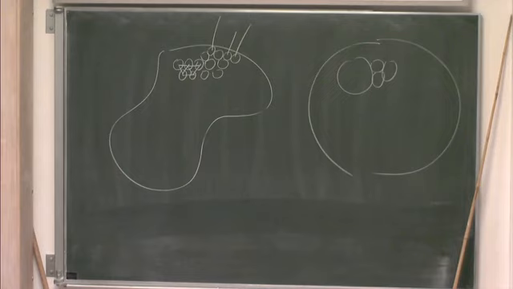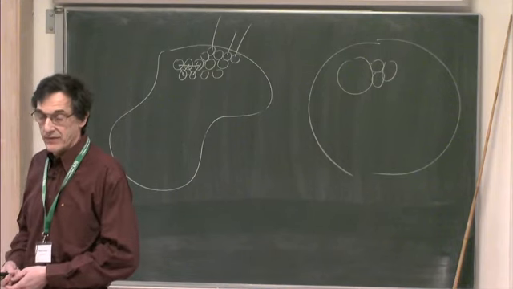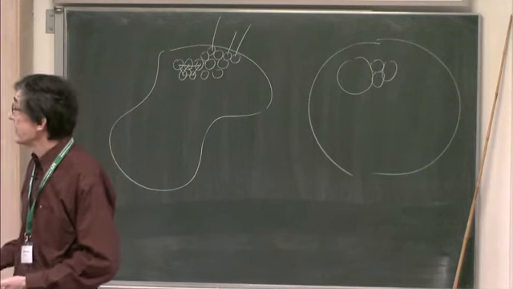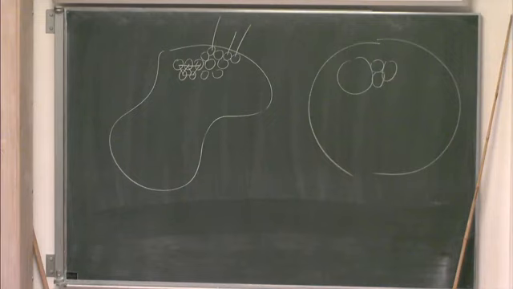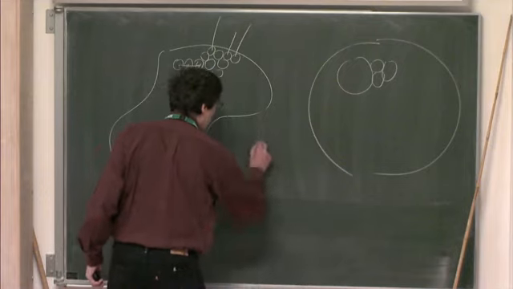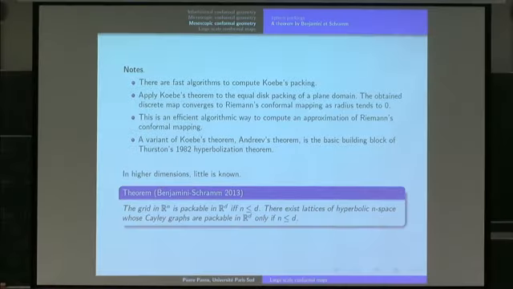Now, that's the two-dimensional story. So we know exactly which graphs are packable in the plane. In higher dimensions, essentially very little is known. But Benjamini and Schramm came up with the following result. For instance, the grid in R^n, you see what I mean by a grid in R^2, and the corresponding graph in higher dimensions, can be packed in R^d only if n is less than or equal to d.